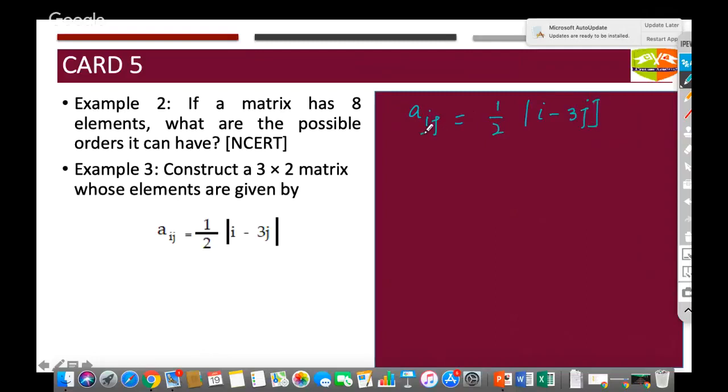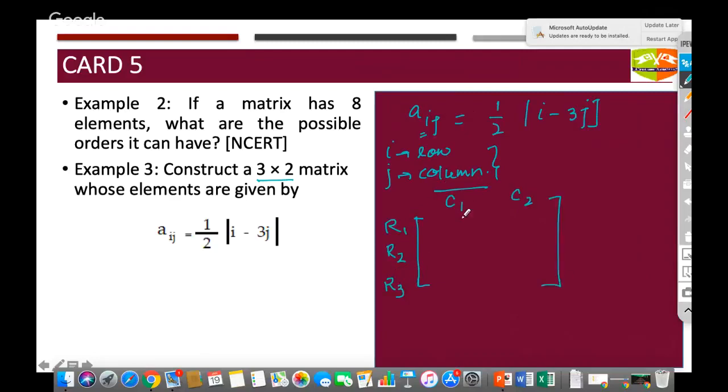Now you understand the first I represents row and j represents column. Now to understand this question properly, it has been given that I have to construct a 3 into 2 matrix. It means that number of rows has to be 3 and number of columns has to be 2.